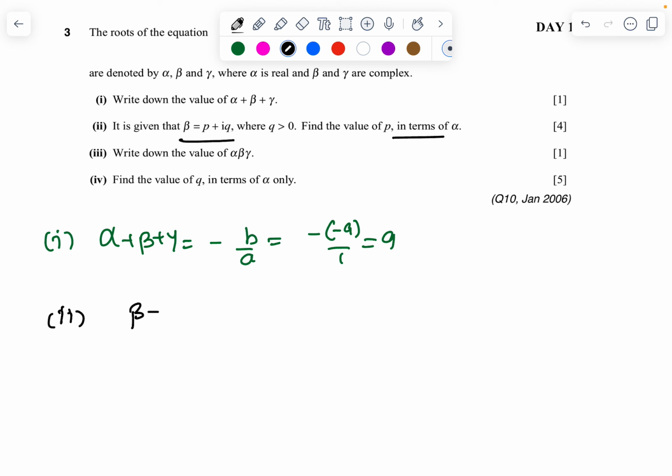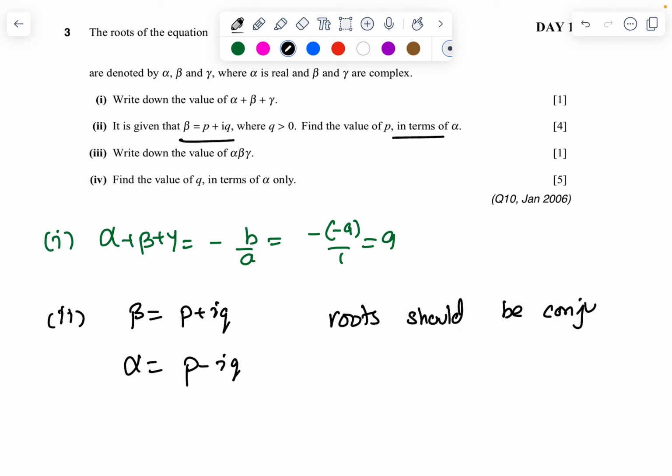So beta equals p plus iq, and find the values of p in terms of alpha. Now, we know that another root should be p minus iq, because roots should always be in conjugate.